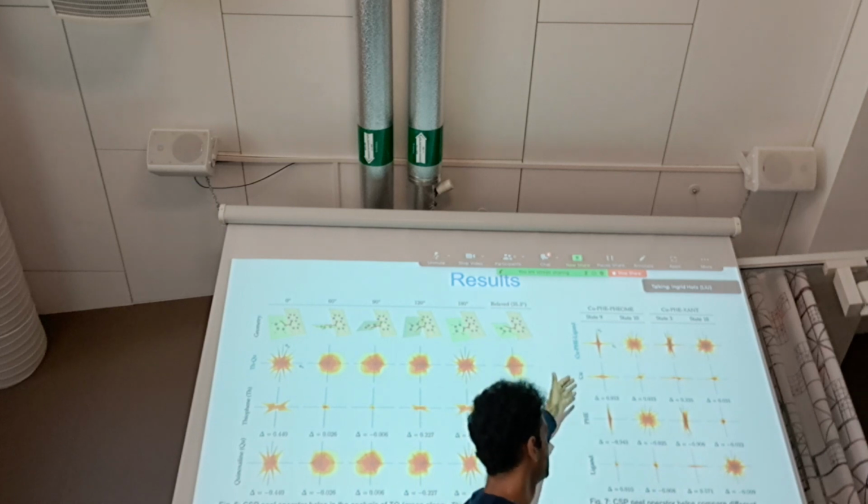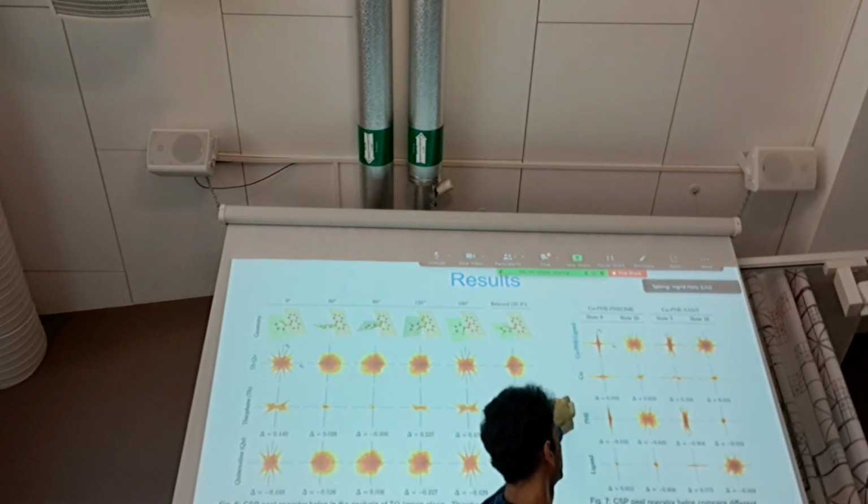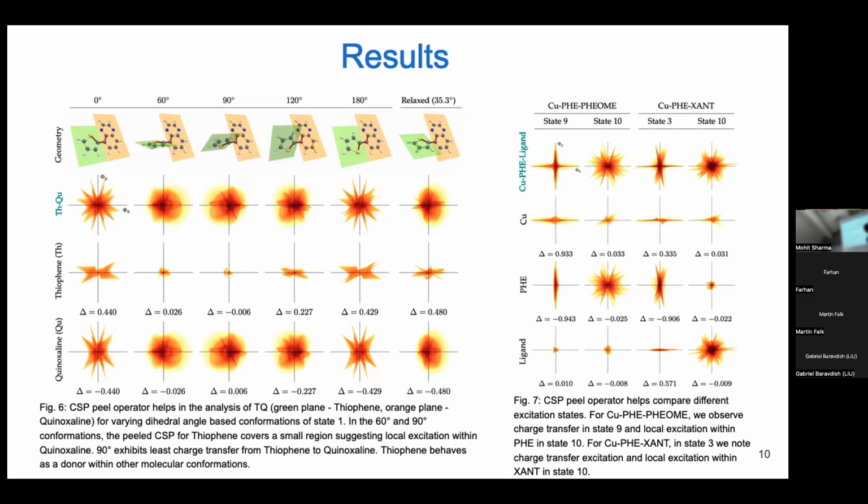Again, by seeing the visual representations, we could identify that copper is behaving as a strong donor here, Phen is behaving as a strong acceptor, and the third ligand is kind of inactive, it is not participating much in this. For state 10, the Phen CSP looks exactly similar to the complete molecule CSP and the other two subgroups are almost inactive, which says that Phen is the one participating in this excitation.